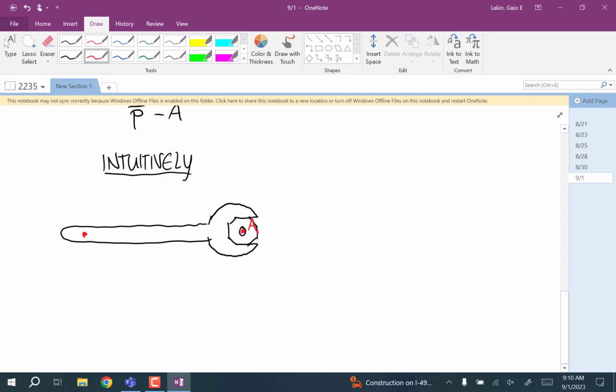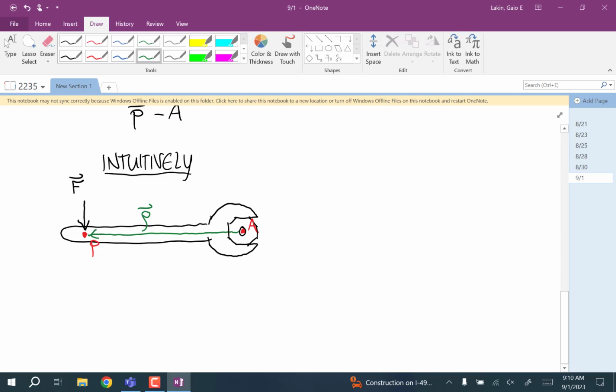This would be the point where the force is applied. There's the force vector. The rho vector goes from A to P. So that's the rho vector.